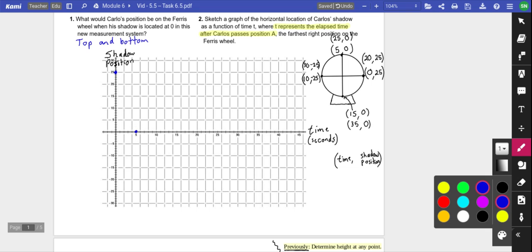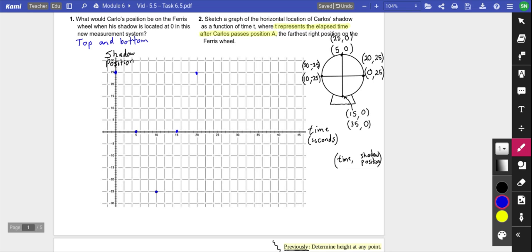And I'm just picking the order of the points that we chose. So we started with this one, and we did top, left, bottom, and then we continue to do the second rotation. So the next one would be 10, negative 25, 15, 0, 20, 25. We are back to where we started.